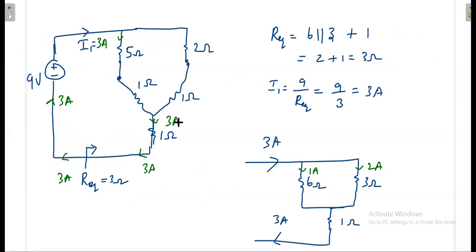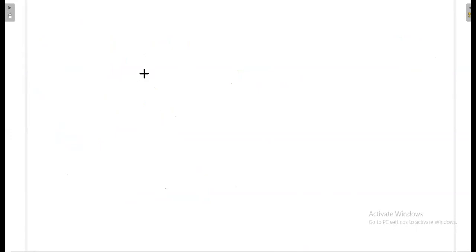Okay, now you know this structure. I'm going to extend this structure. So once you extend that structure, say this is 6 ohm, this is 3 ampere, this is 3 ohm.